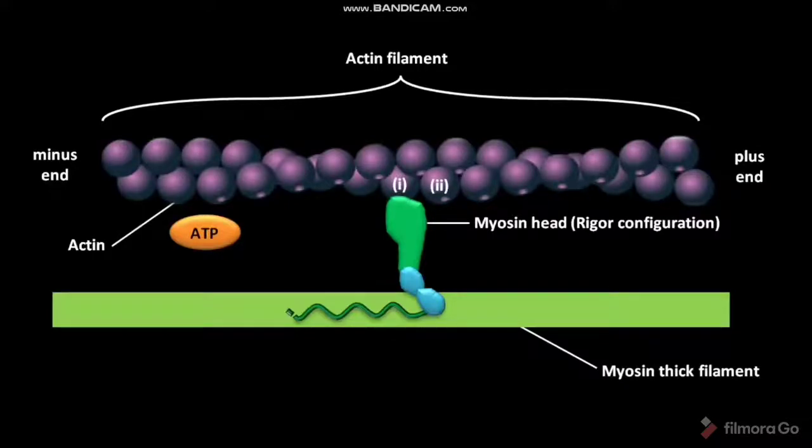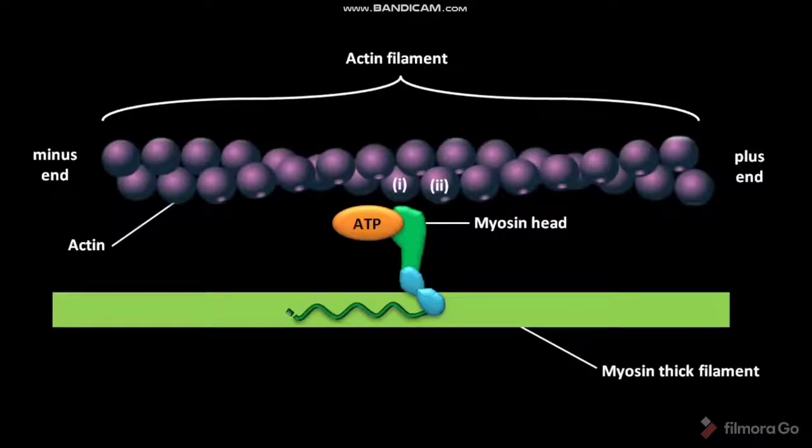In the next step, an ATP binds to the large cleft on the back of the myosin head. This ATP binding immediately causes a conformational change in the domains of the myosin head. These domains in the myosin head make up the actin binding site.